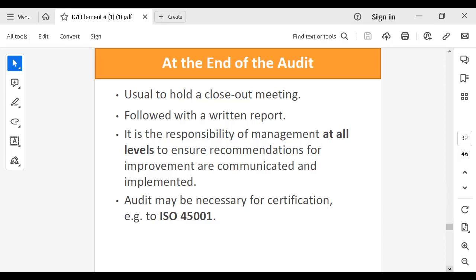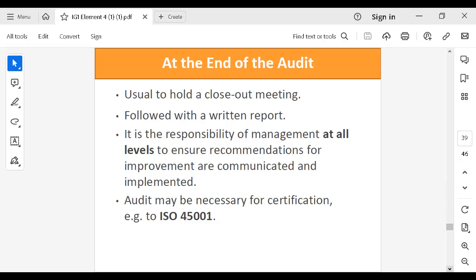It is the responsibility of management at all levels to ensure recommendations for improvements are communicated and implemented. All management is responsible for the recommendations given by the auditor. According to that, they should take action for the non-conformity.